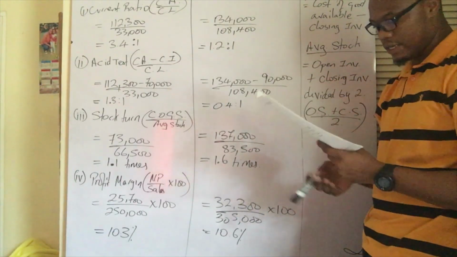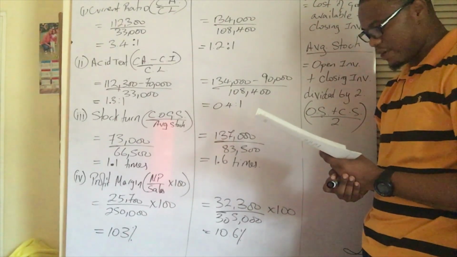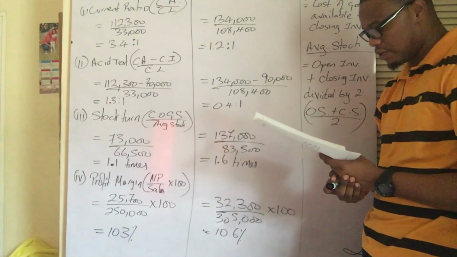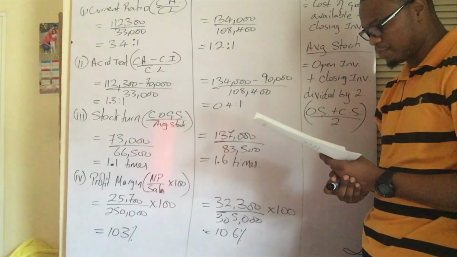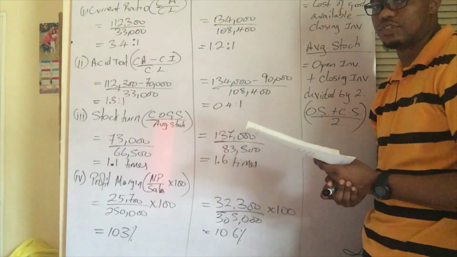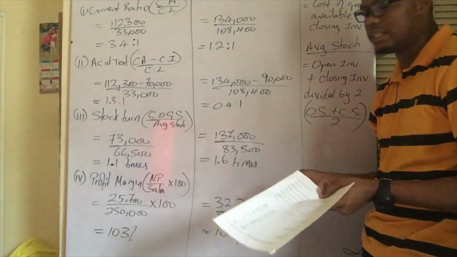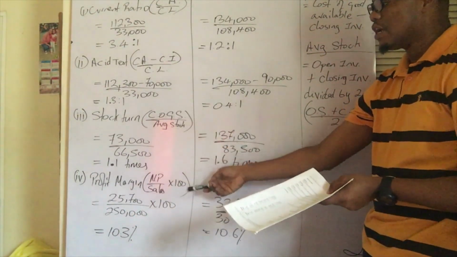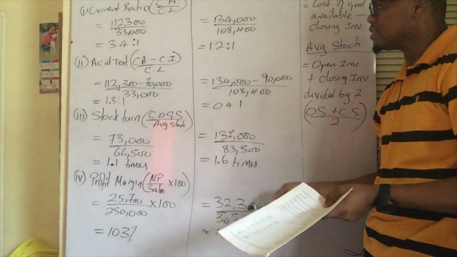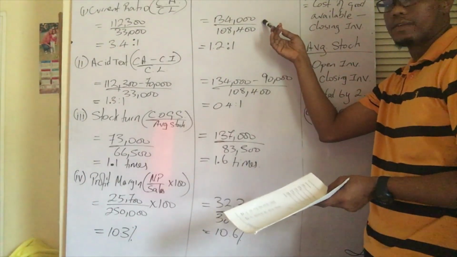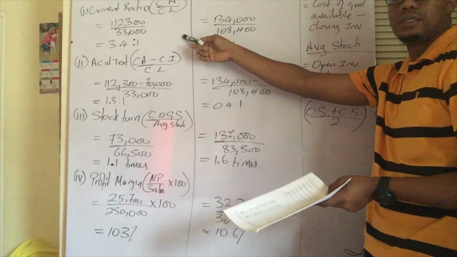Then E, state which business is more profitable using the appropriate ratios to support your argument. If you're going to use a ratio to support your argument, you're going to use the profitability ratios, which is the stock turn and the profit margin. And in both cases, Budai is performing better than Legwenki.